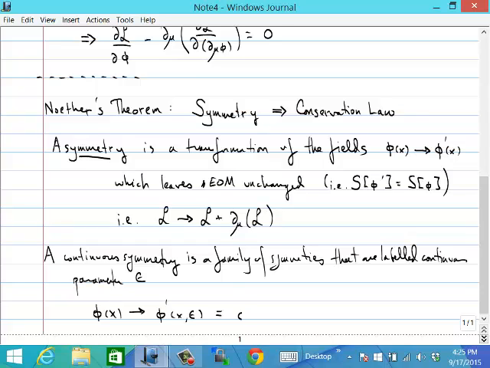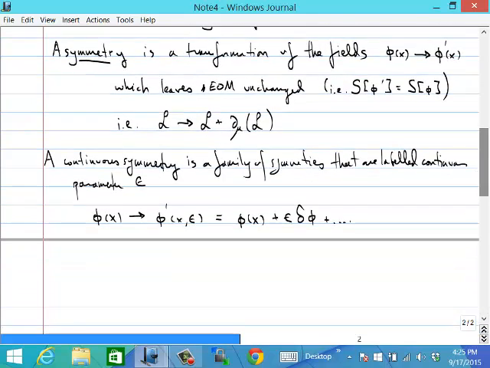So when epsilon is equal to 0, you just get phi of x again. And then you'll get something at linear order in epsilon that I'll call the first order variation of phi, plus terms that will not be important to me. So presumably, this is exactly what you did when you derived Noether's theorem in classical mechanics. You considered continuous symmetry transformations.